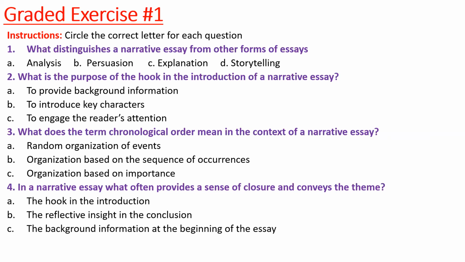Number 3, what does the term chronological order mean in the context of a narrative essay? Is it A, random organization of events, B, organization based on the sequence of occurrences, or C, organization based on importance? Number 4, in a narrative essay, what often provides a sense of closure and conveys the theme? Is it A, the hook in the introduction, B, the reflective insight in the conclusion, or C, the background information at the beginning of the essay? And that's the 4th one.